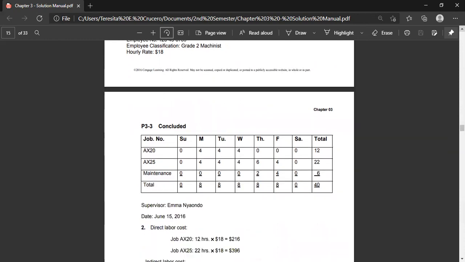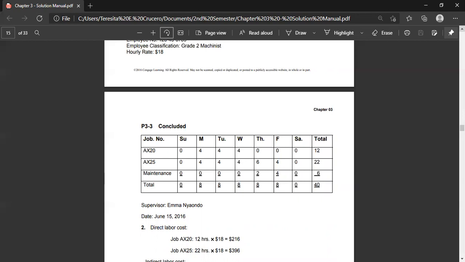Now, for the labor time record, here we have the job numbers where Amos worked, EX20 and EX25. And then he also worked as a maintenance crew.